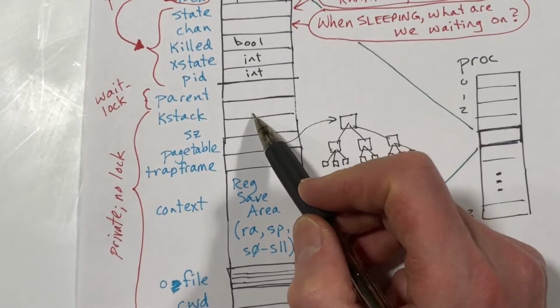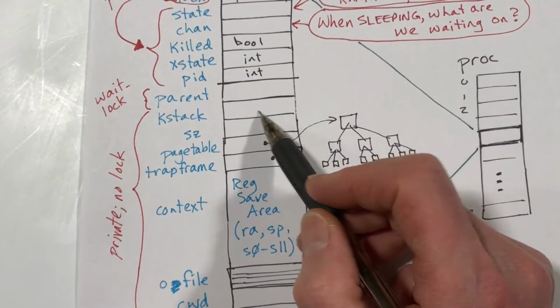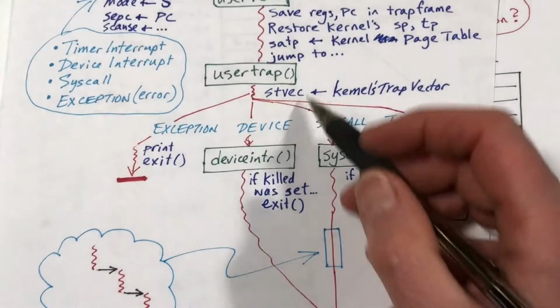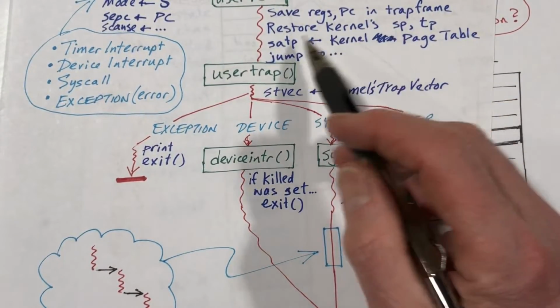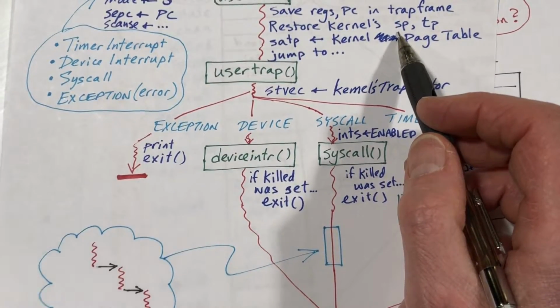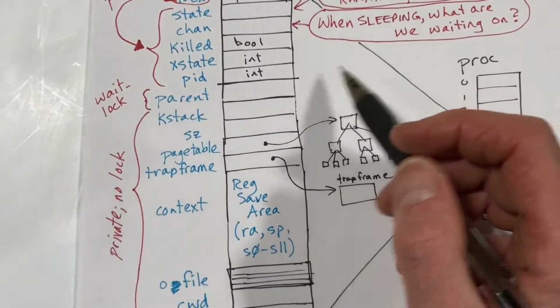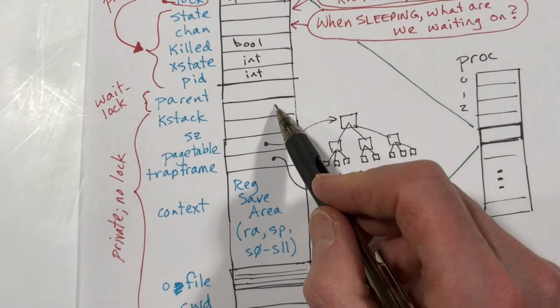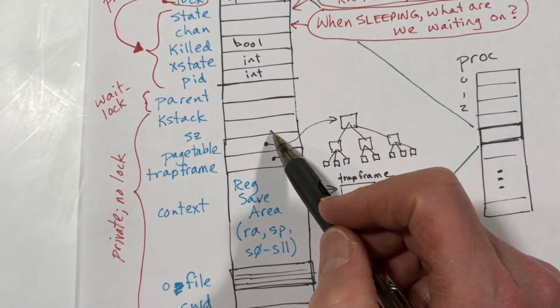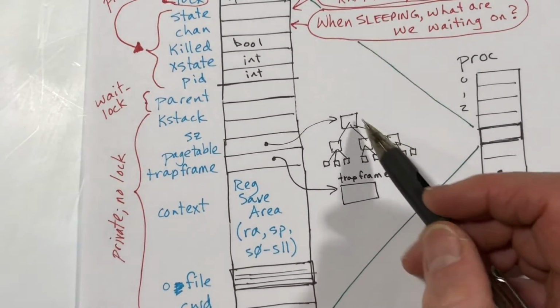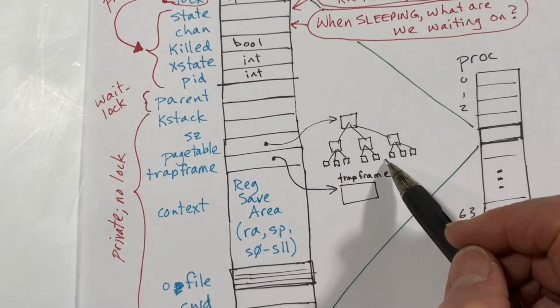There is a stack for the kernel aspect of this process. So when we are executing here, we need to have a stack for the kernel to use. Each of the 64 processes needs a separate stack. So that's given here by this. There's a pointer to that stack here. This is the size of the virtual address space, and here's a pointer to the page table for the user's address space.